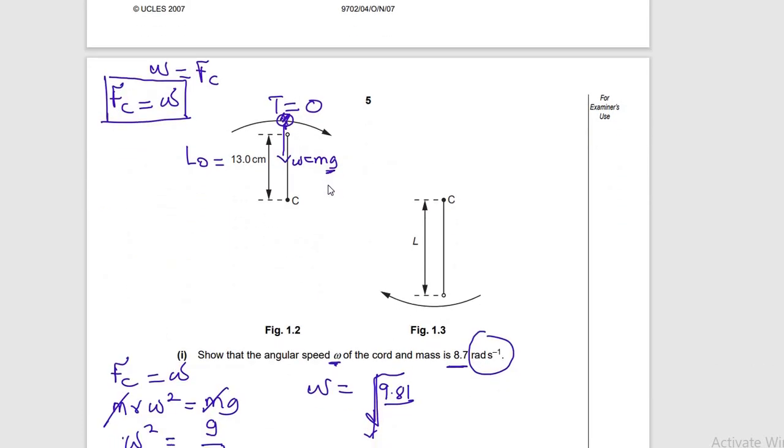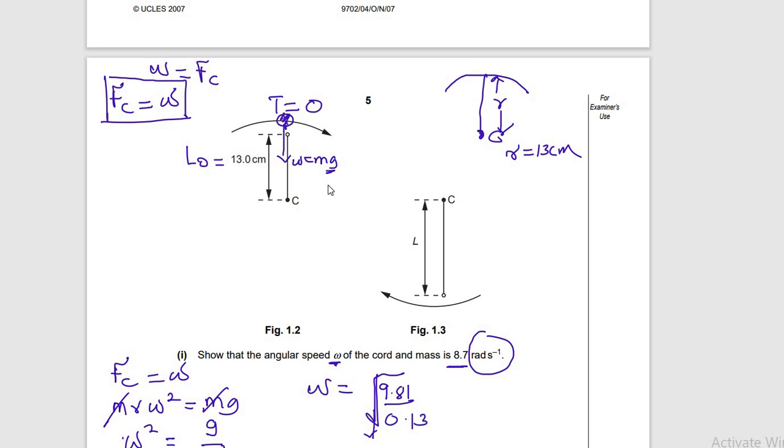Because this is the unextended length, and the distance from the arc to the center, C, is the radius. So the radius in this case is 13 centimeters. Since all the units must be consistent here, the length should be 0.13.